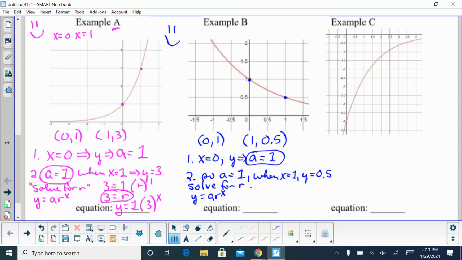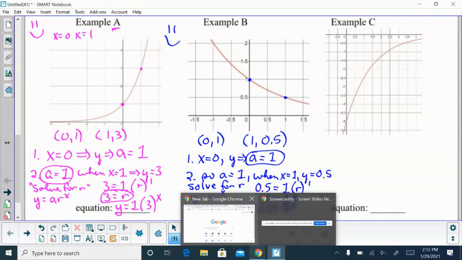So plugging and chugging, here we go. 0.5 is equal to 1 times r raised to the first power. Simplifying, I find that r is 0.5. Putting that into the form for my exponential equation, y equals 1 times 0.5 raised to the x.